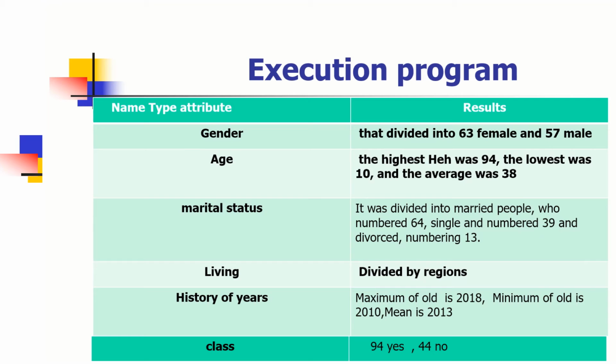This table shows the cases for execution in Weka: gender, age, marital status, living, history of years, and class, such as class with 94 yes, but 44 no.